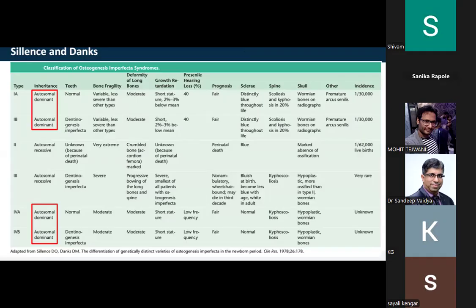Just to give a quick mental model: type 1 is a mild, non-deforming type where you see blue sclera commonly. Type 2 is perinatal lethal. Type 3 is severe, progressively deforming, with survival beyond the neonatal period. And type 4 is moderate with variable sclera and it is one of the deforming types.